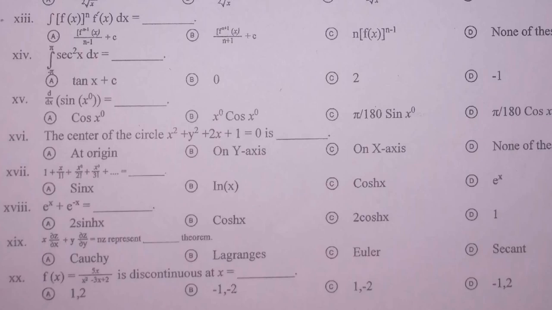The center of the circle x square plus y square plus 2x plus 1 is equal to 0 is on what?